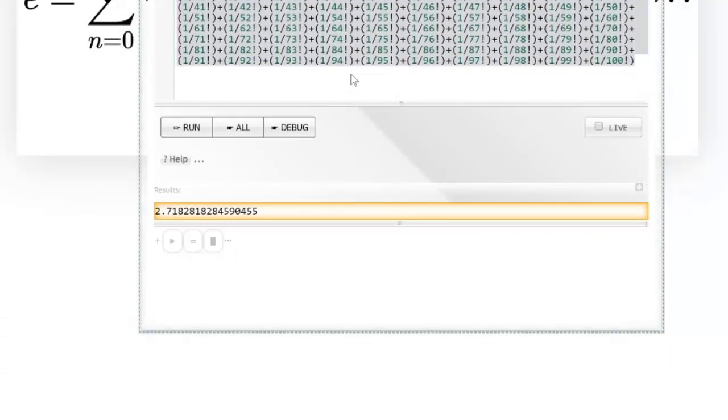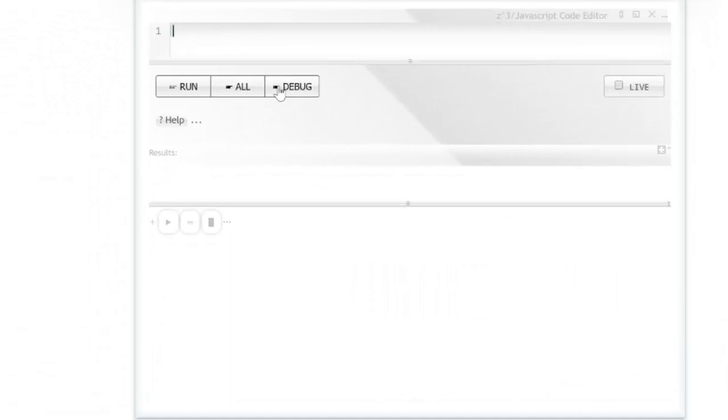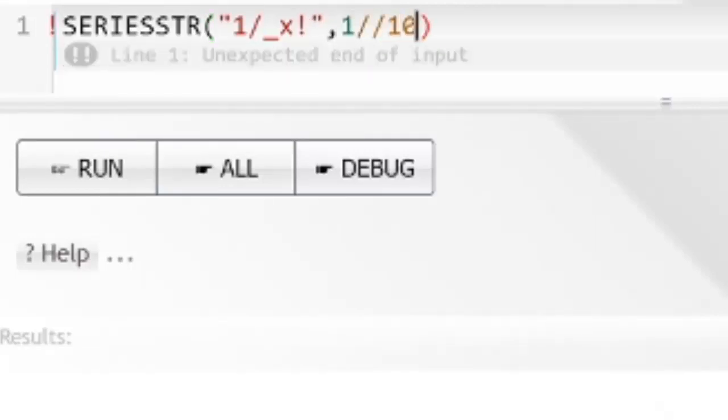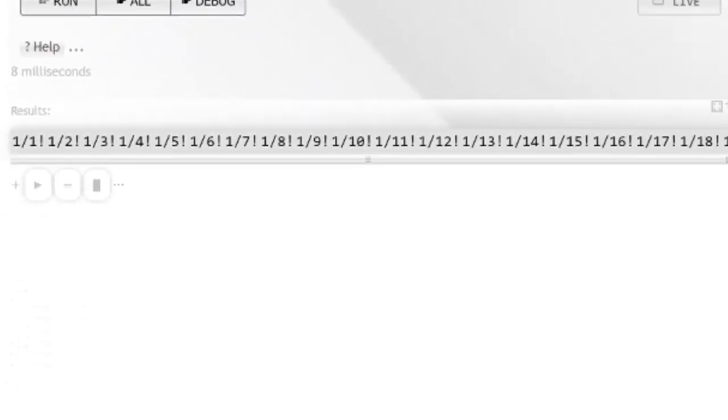Now you may be interested in knowing how we could create this series of numbers, and there is a function in ZCubes called series string. We could provide a string that we would like to expand and give a series 1 to 100, and you can see that it gives you the series here.